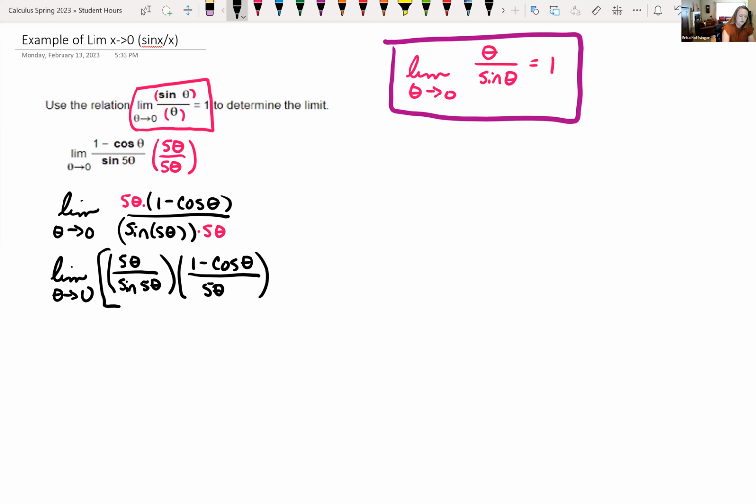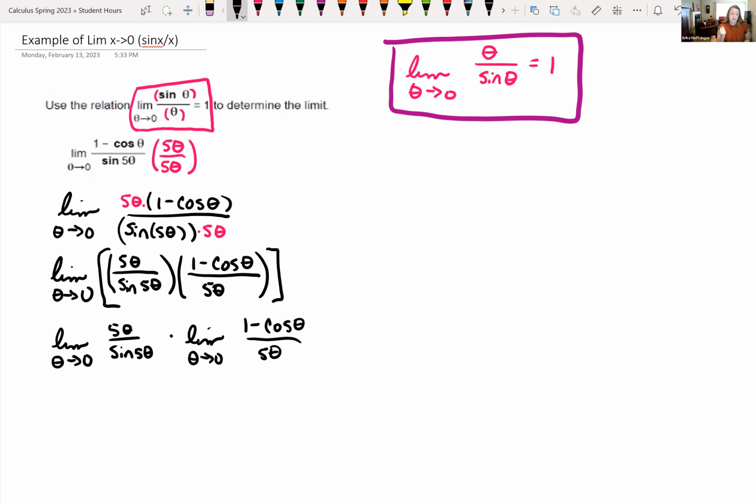And so I can use rules and properties of limits. I have a product here, so I can break it down as the limit of the first factor, 5 theta all over sine of 5 theta, times the limit as theta goes to 0 of 1 minus cosine theta all over 5 theta.